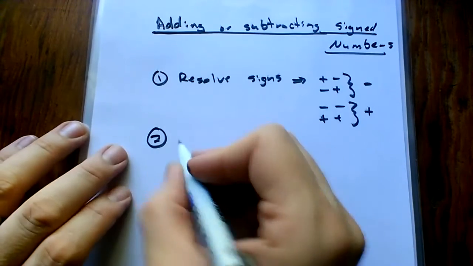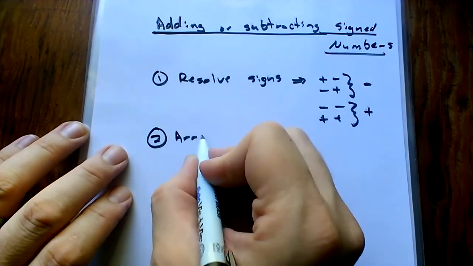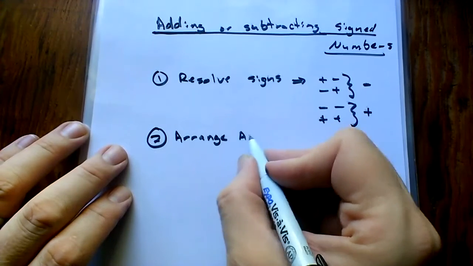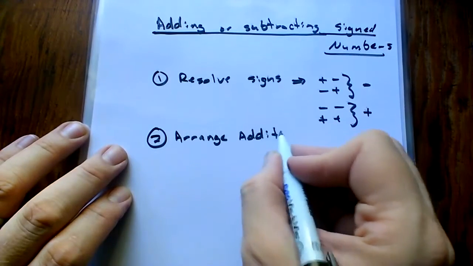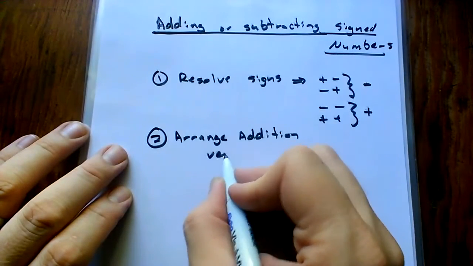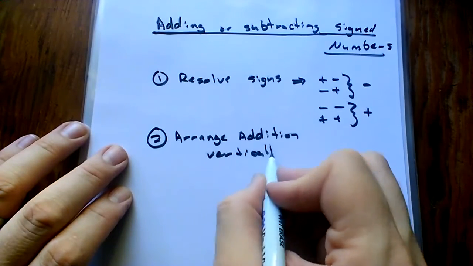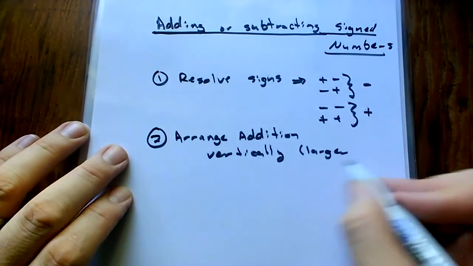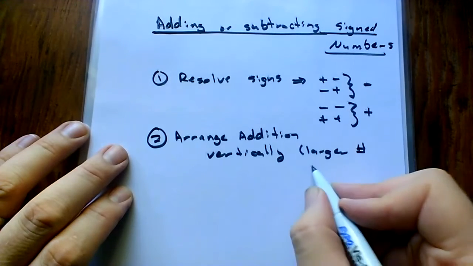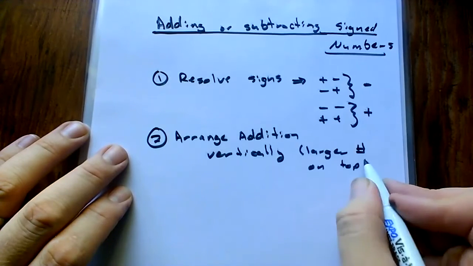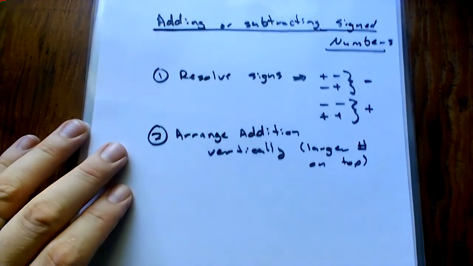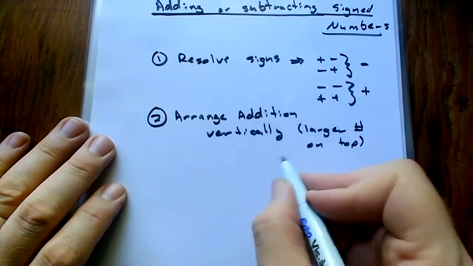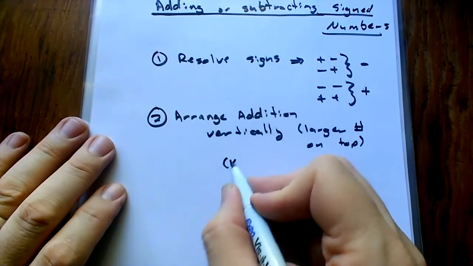2, arrange things vertically. Arrange your addition vertically, and put your larger number on top. Another thing with this is also keep the signs attached.